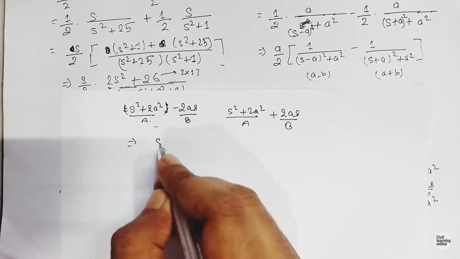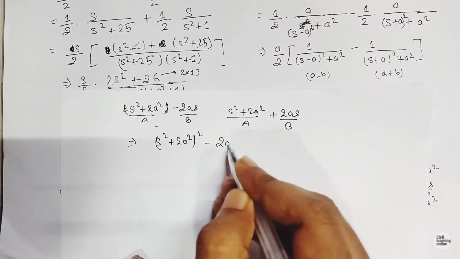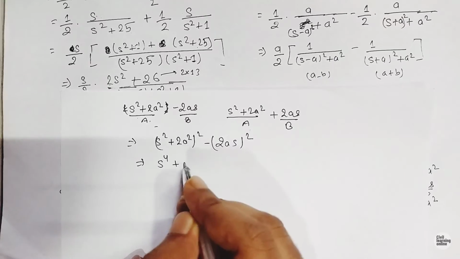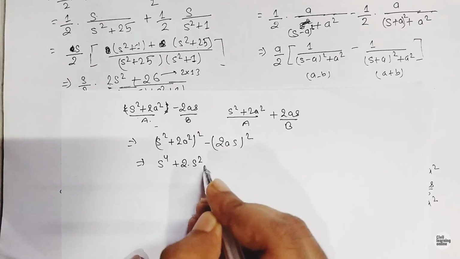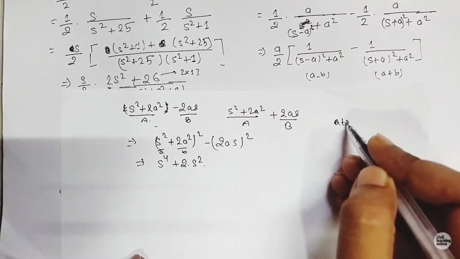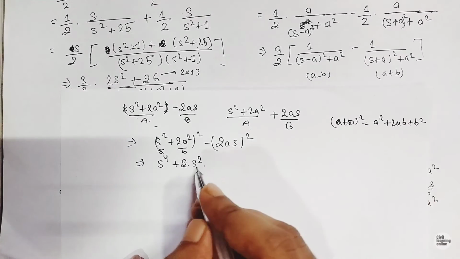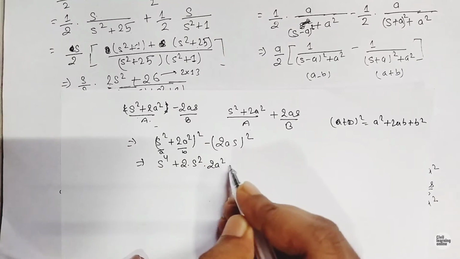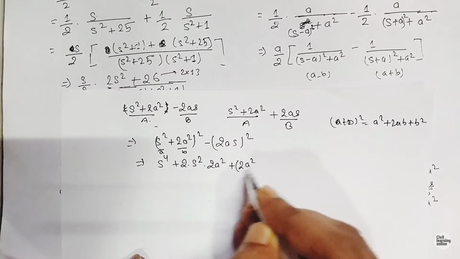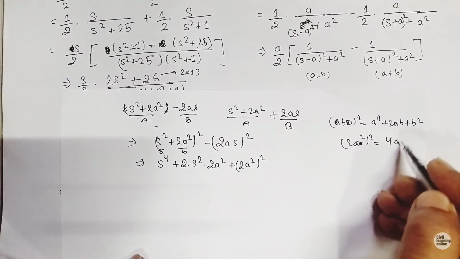So our a is s square plus 2a square, whole square, minus b square, which means (2as) whole square. We will have here s to the power 4 plus 2 times s square times 2a square, because a plus b whole square formula is a square plus 2ab plus b square, plus (2a square) whole square, which is going to be 4a to the power 4.